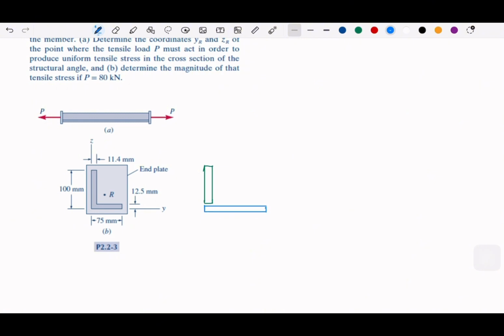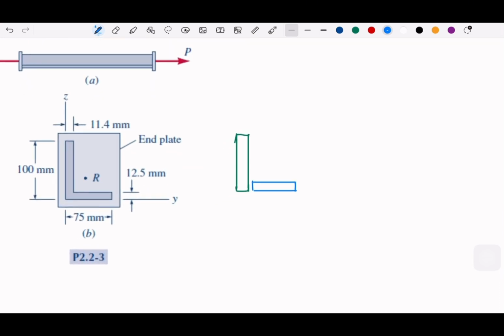Because everything has its distance, you can choose this and this, or you can make something like this. Both are okay. Nothing really matters, because what we want to find is the centroid of both of them combined, right?